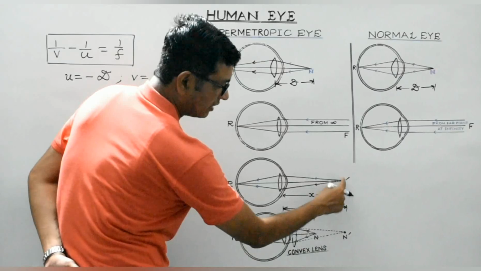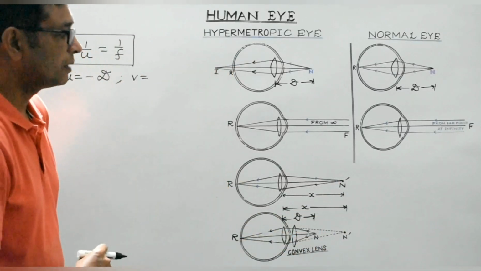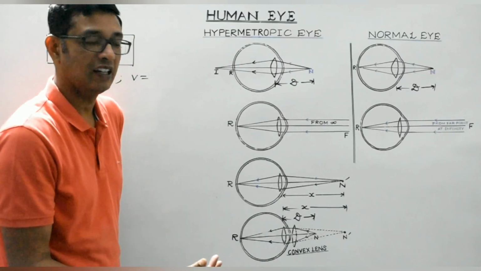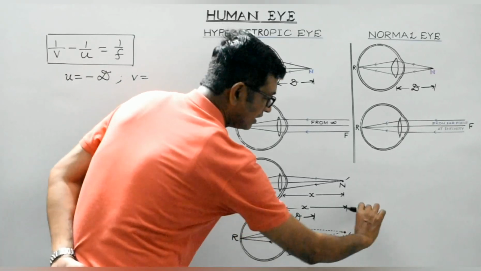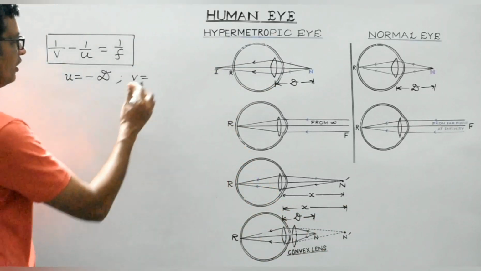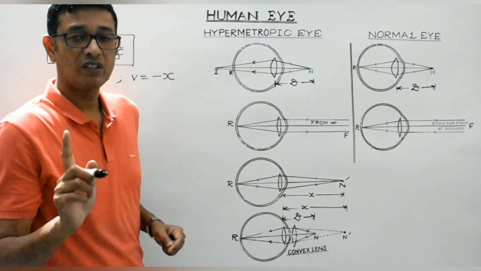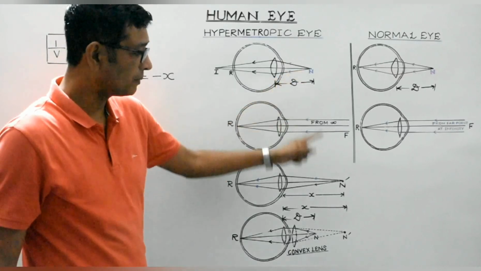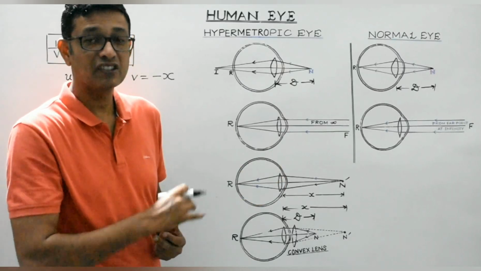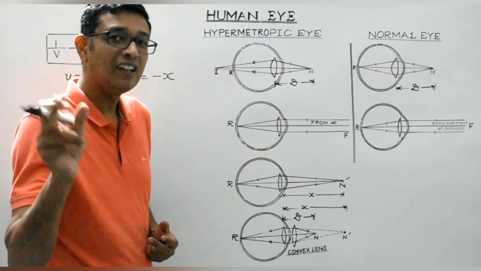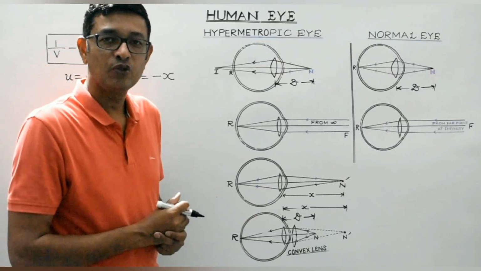This is where the image is obtained, at the near point of the hypermetropic eye, which is considered to be X. Again, the distance is measured in the direction opposite to the incident ray. So v would be equal to minus X. X over here, remember students, is the near point of the hypermetropic eye. It is greater than 25 centimeter. It is greater than capital D. Capital D is the least distance of distinct vision, which for a normal eye is considered to be 25 centimeters, right?